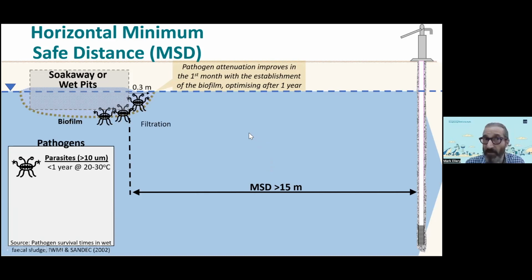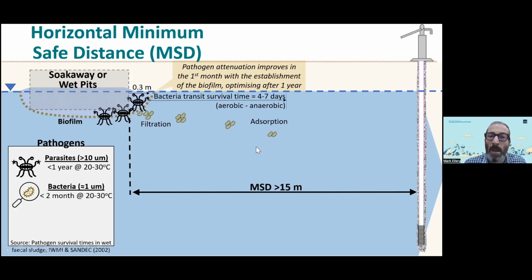The parasites will be the first to be attenuated, primarily even before the biofilm. Data on transit times for bacteria suggests that they will last between 4 to 7 days in the water: 4 days in aerobic conditions and 7 days in anaerobic water.